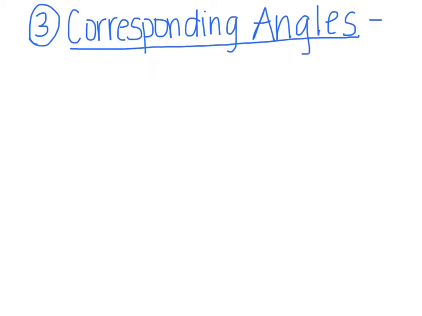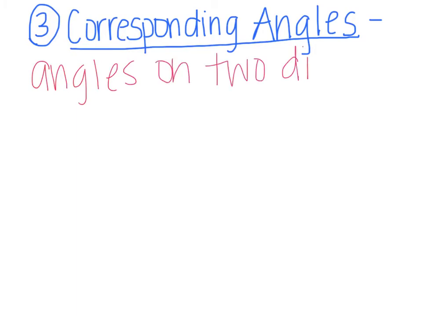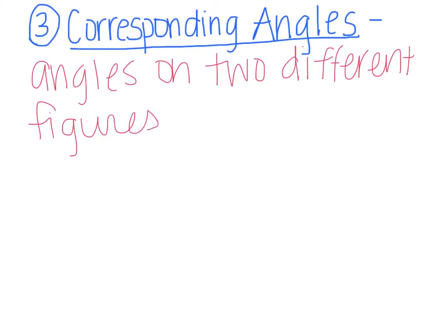So the next definition is corresponding angles, and this is very similar to corresponding sides, except now we're going to have angles on two different figures. And these angles are going to be in the same relative position on the two figures.